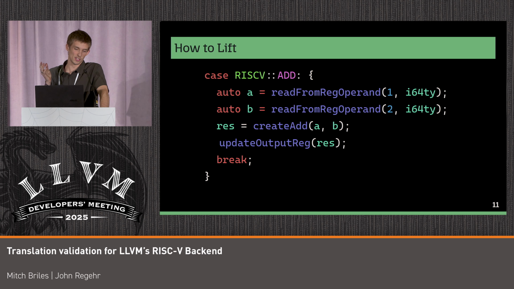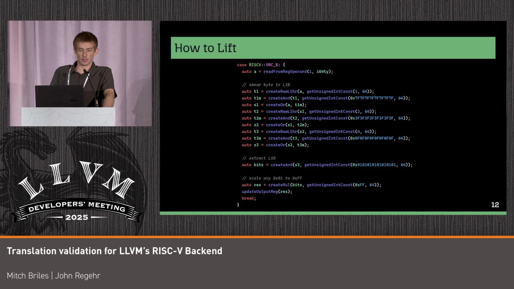Sometimes there's some edge case, like maybe it handles one specific input differently, and we have to do some trick. Or in the case of some instructions, there's just no LLVM equivalent, and we have to fully flesh out the semantics of it.